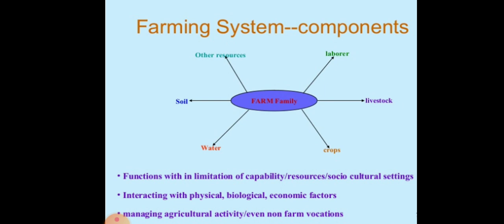Okay. So second, interacting with physical, biological, and economic factors. Like for example, in the physical factors, what are those barriers in farming? Okay. We have here the presence of rocks or stones in your farms, and as well as the farm to market road situation.